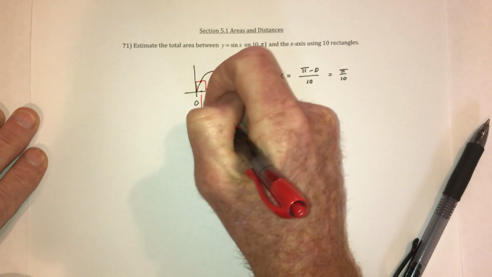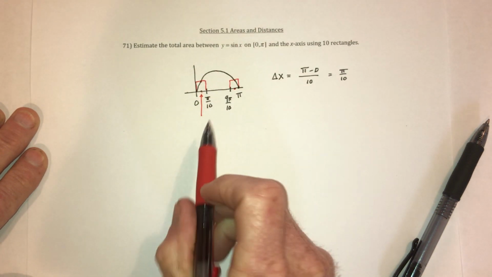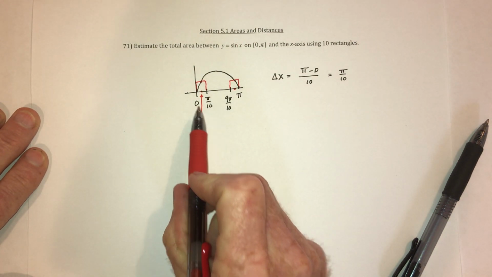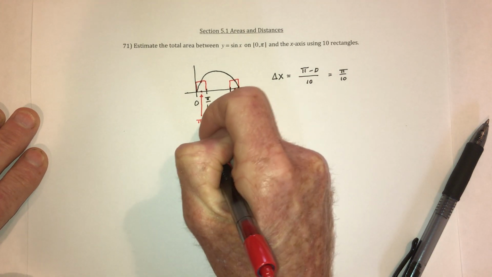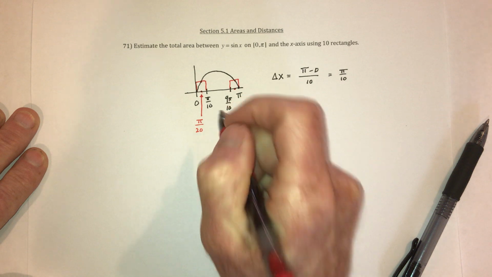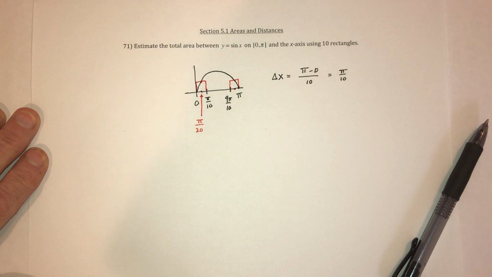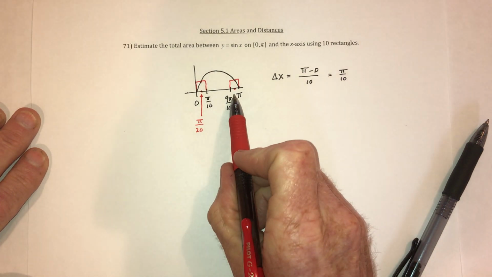So this midpoint is halfway between these two. Well, half of pi over 10 is pi over 20. Then, what about this one?